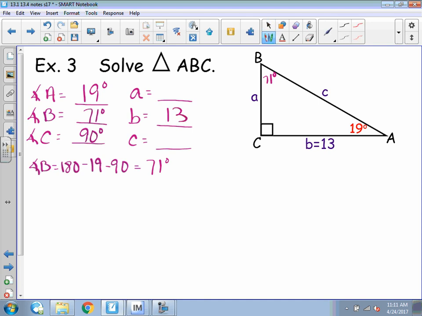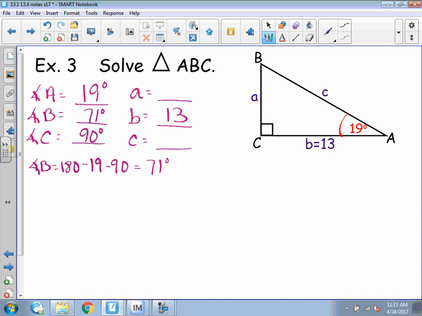So all we need to do is figure out what side A and side C is. Again, I don't want to use a value that I found in case I got it wrong. So I want to use the value that they gave me. That angle that they gave me, 19 degrees. So that's my theta. That's the angle that I'm talking about. Everything else is going to be in reference to 19 degrees.